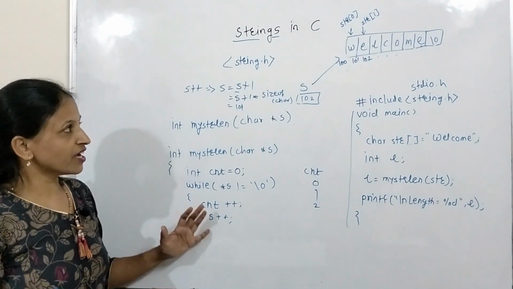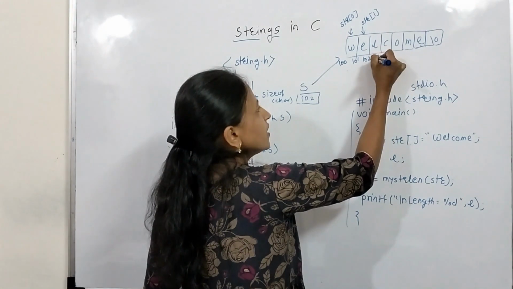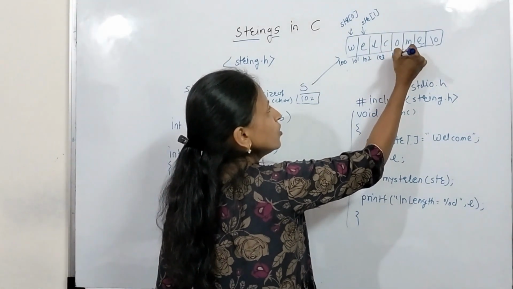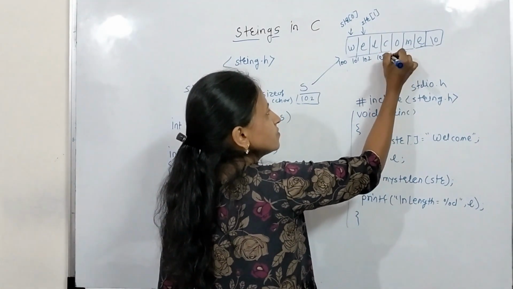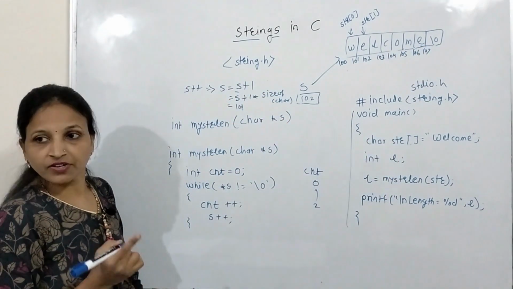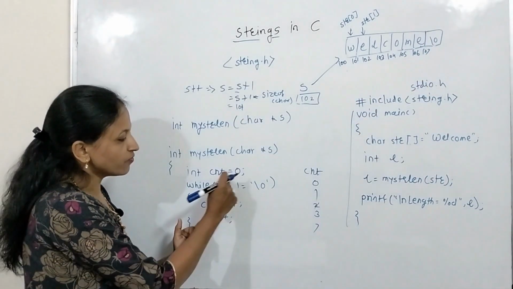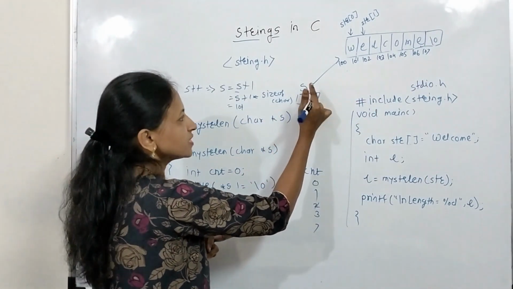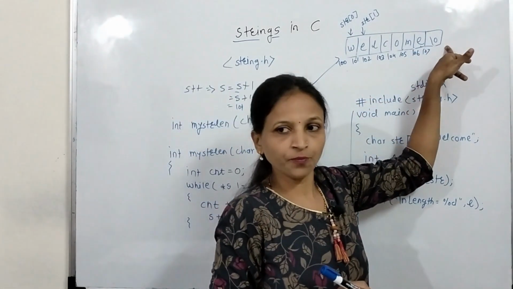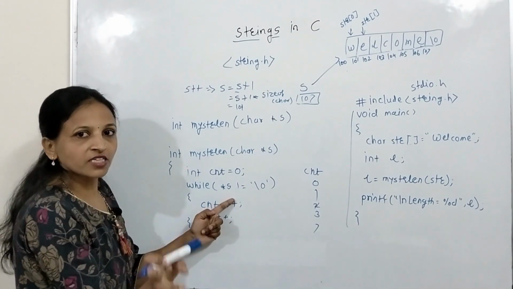In this way, finally whenever s will become 107, at that time counter will become 7, and here 107 means star 107, we will get /0, and at that time here this condition will become false.